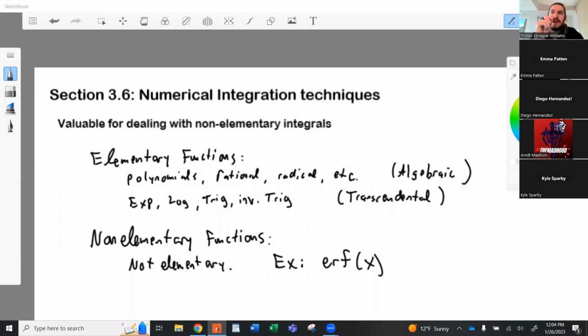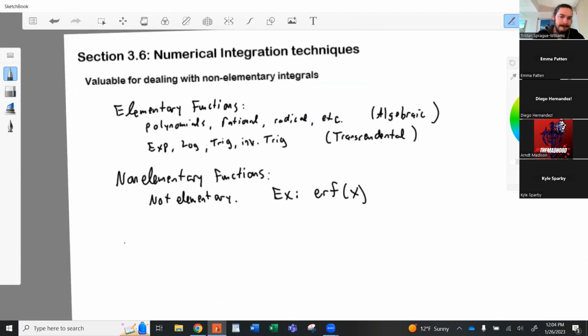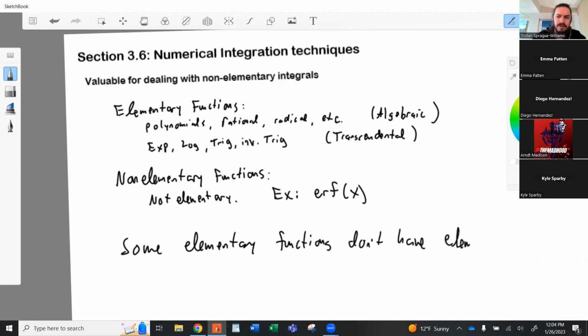Some functions don't have antiderivatives. Some elementary functions don't have elementary antiderivatives.